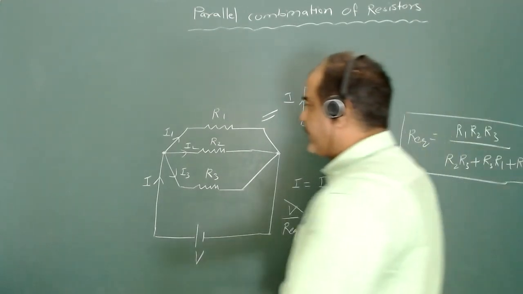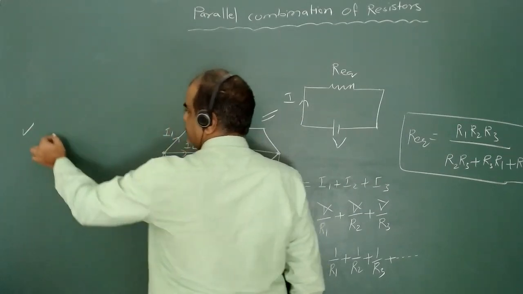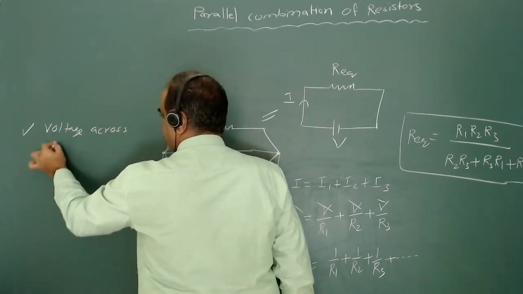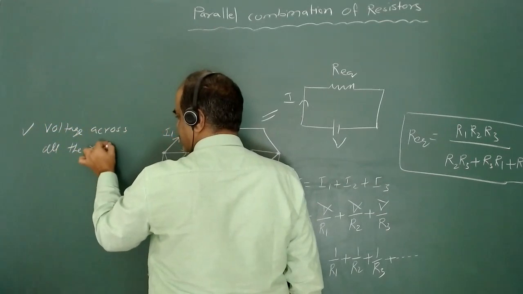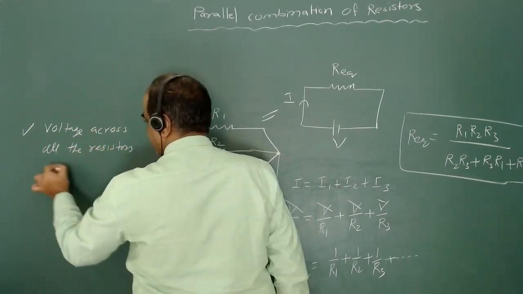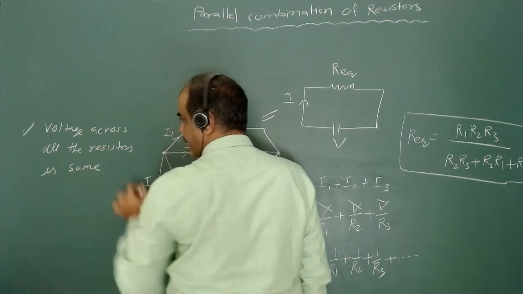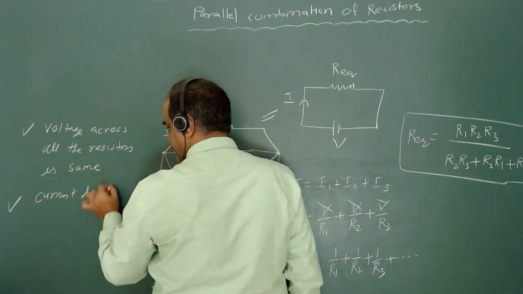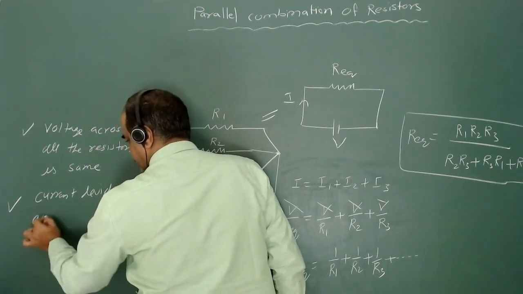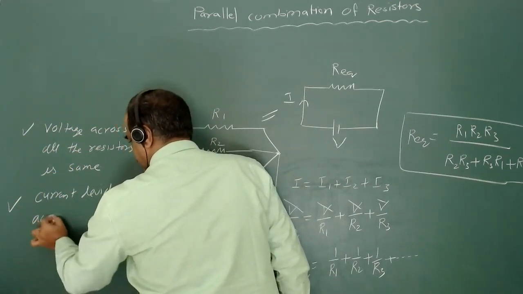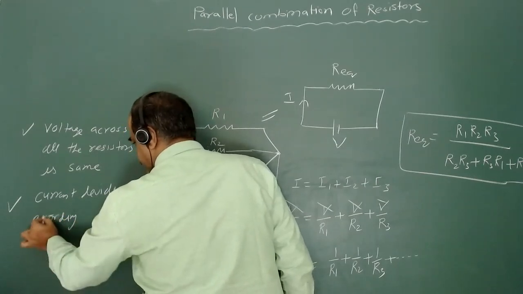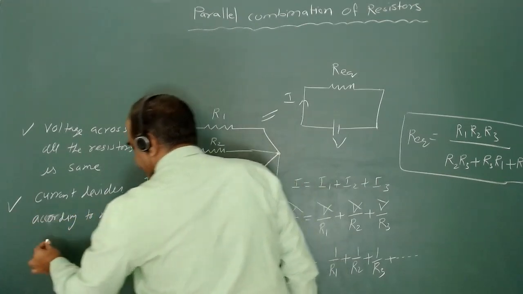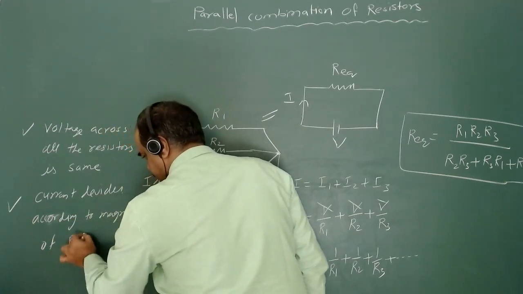So in parallel combination, the voltage across all the resistors is the same or constant, and the current divides according to the magnitude of the resistors.